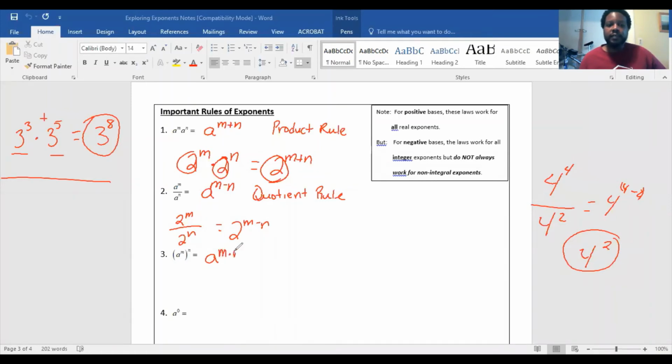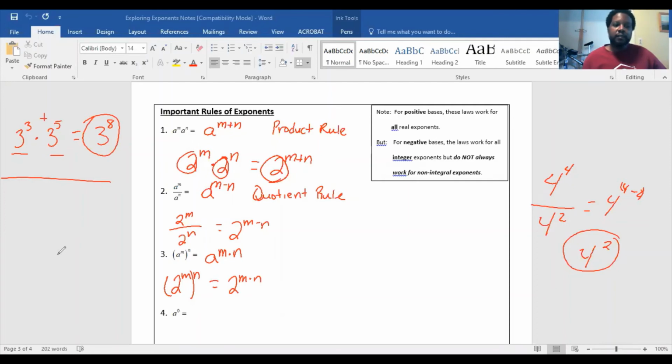a to the m·n. All right, so using my 2's again, I'm going to say 2 to the m to the n, which is the same as 2 to the m times n.